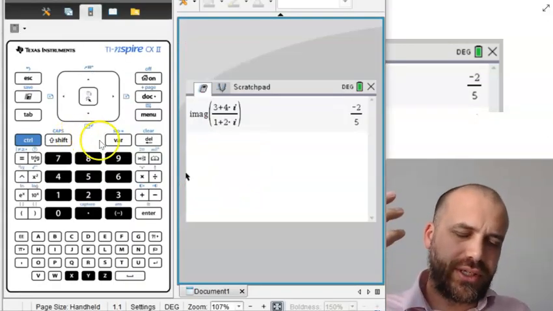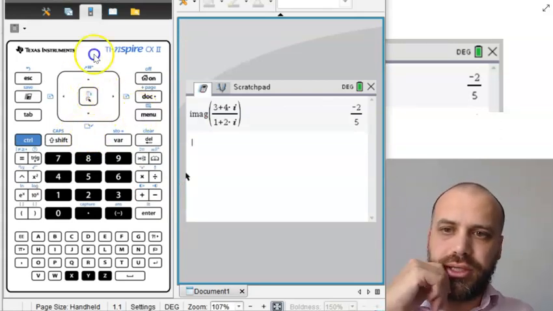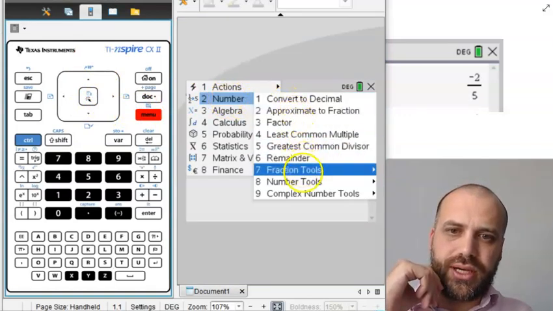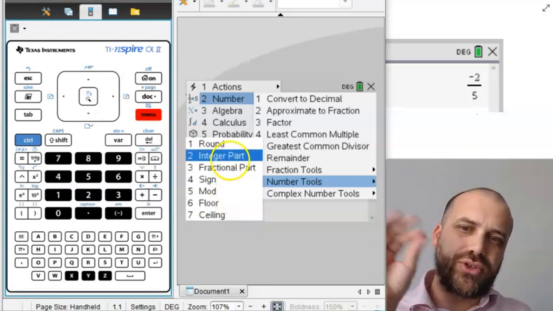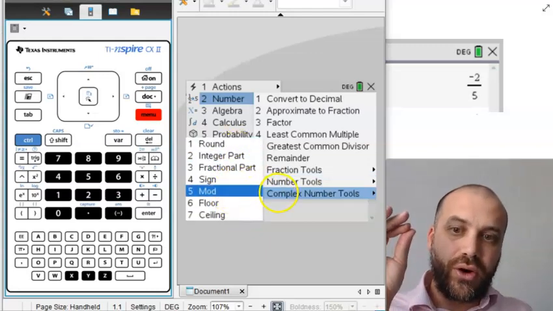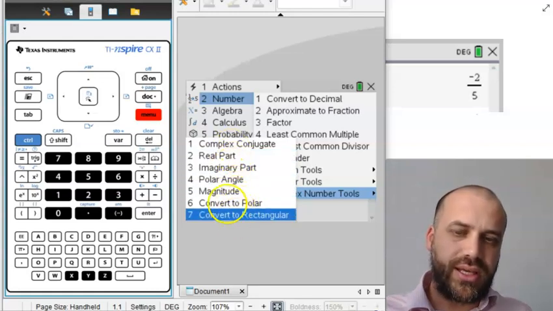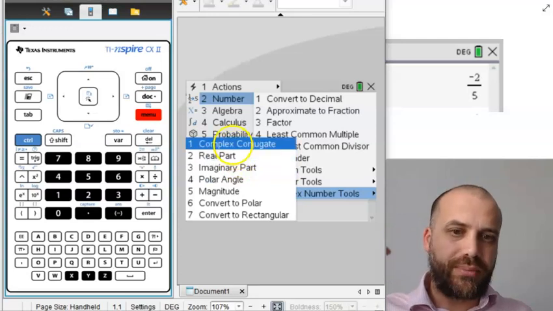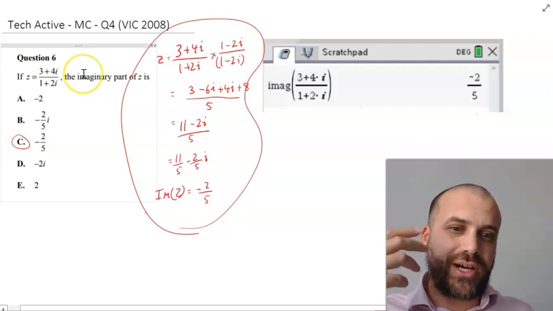So I definitely encourage you to spend half an hour playing with your calculator, going into the menus, looking at number and seeing what it does. You can see some number tools here. What does that do? Nothing super interesting for you here. Complex number tools, there are some quite interesting things here that you can play with when it comes to complex numbers. For example, this question might not have asked for the imaginary part, it might have asked for the conjugate.